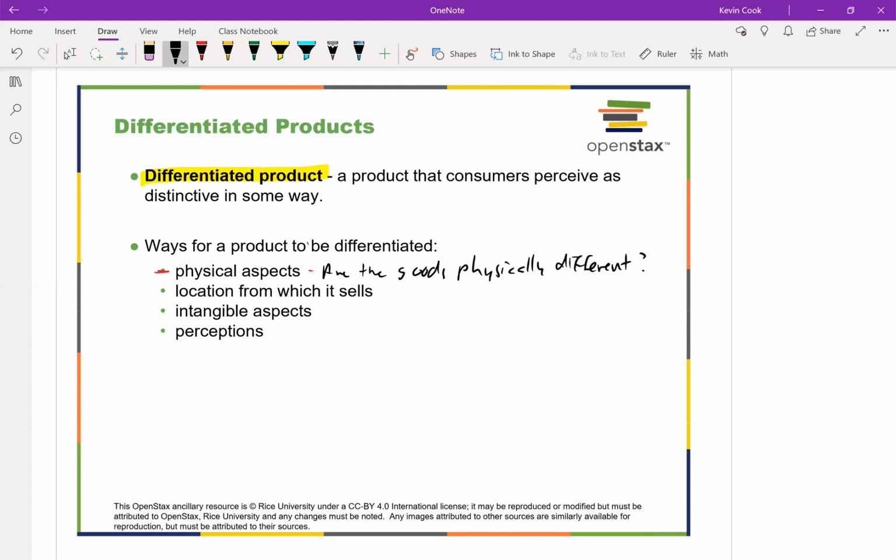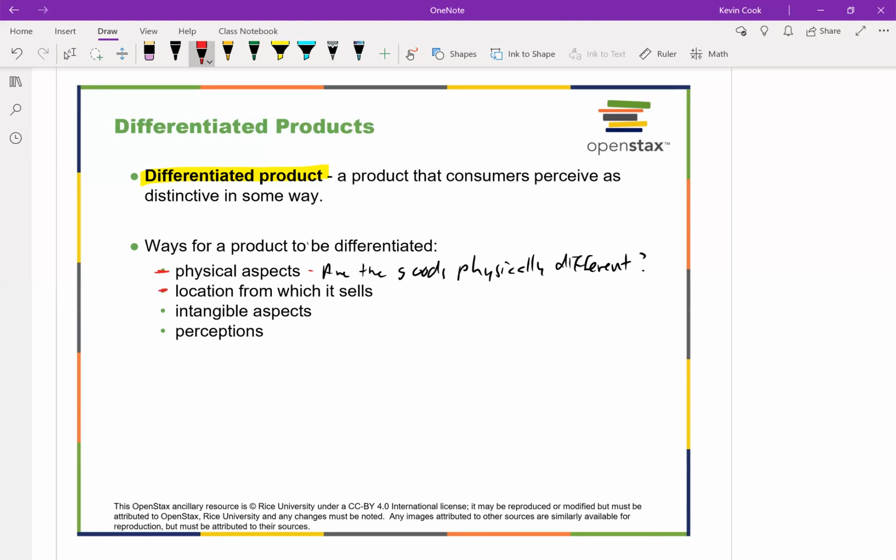So we can physically tell that they're different. Even if we took a chicken tender from Culver's versus a chicken tender from McDonald's, maybe their breading is different, maybe their chicken's different. I don't know, but they actually are different. They may look similar and have a lot of similar traits, but they are physically different products. So that's these physical aspects. This is what you think it is. Really nothing too crazy with the first one.